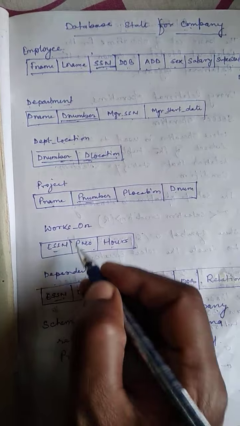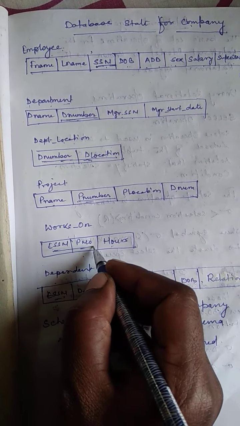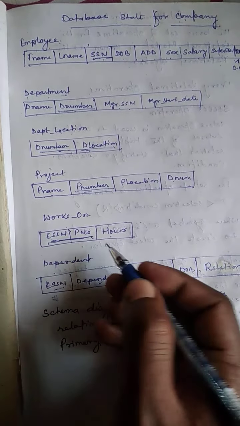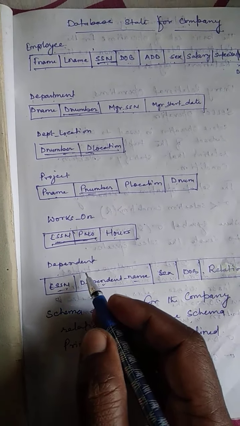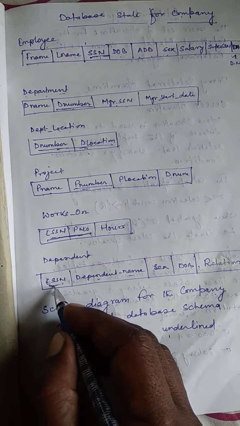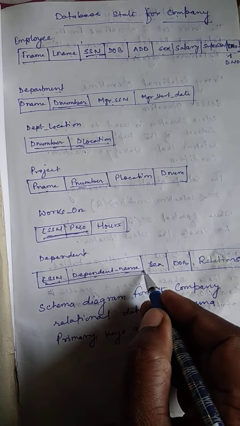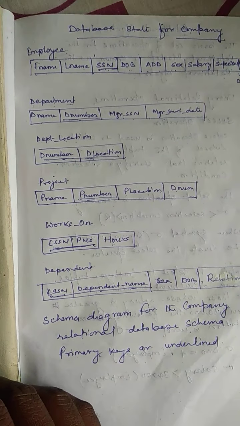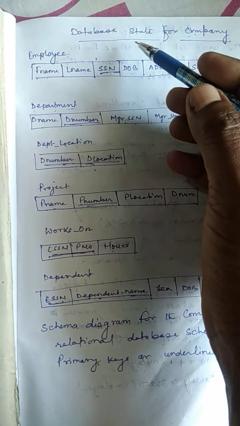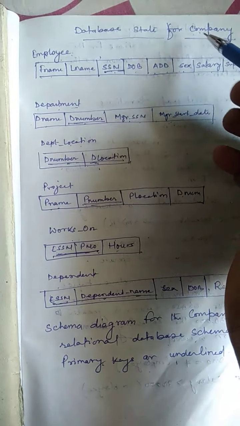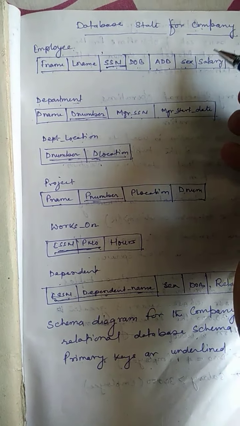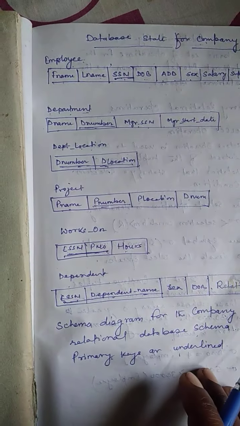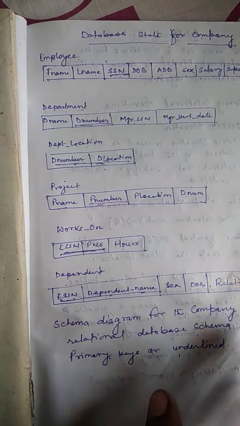In works on, social security number and project number are both primary keys, a composite key. In dependent, the essential social security number and dependent name are primary keys. It is a database schema for the company relational database.